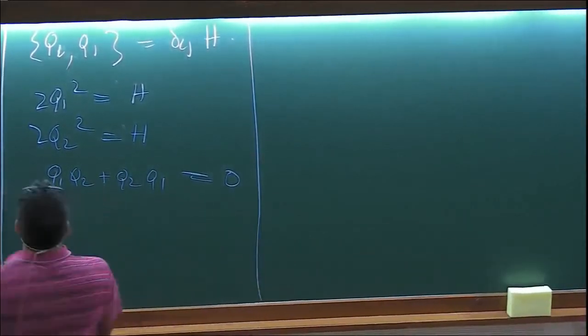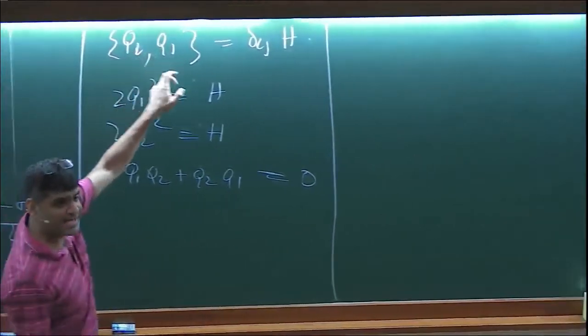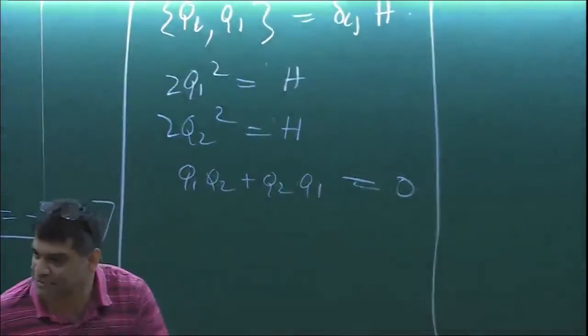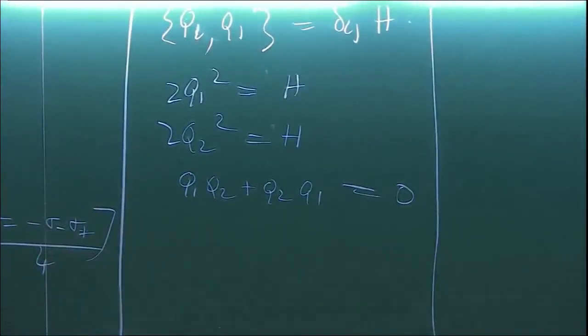We've already seen that Q1 anti-commutator with Q1 is H up to some factor of 2. Q2 anti-commutator with Q2 is also H up to a factor of 2. Q1 anti-commutator with Q2 is equal to 0.